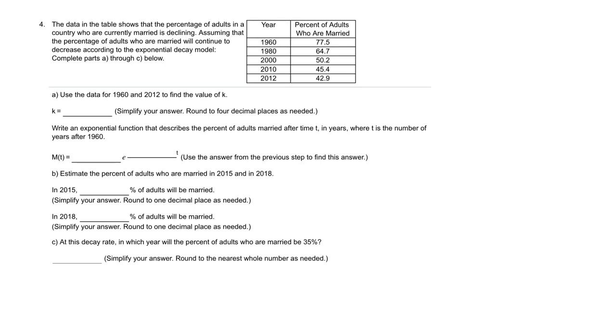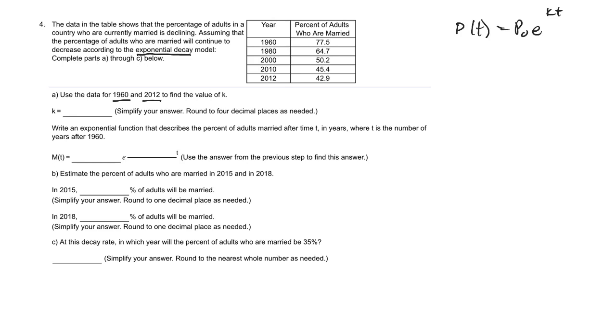Let's try another one. A data table shows this, and then they say use the data for 1960 to 2012. So again, my formula is e to the kt, and I can use that because it's an exponential decay.